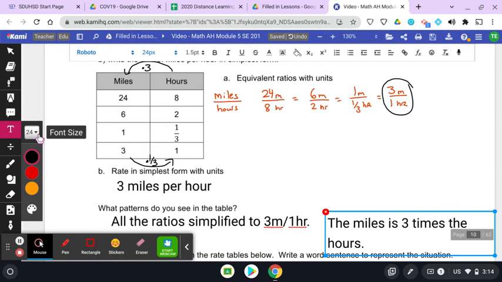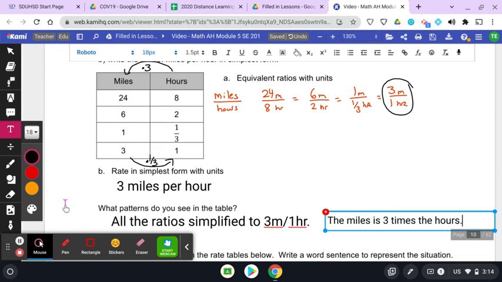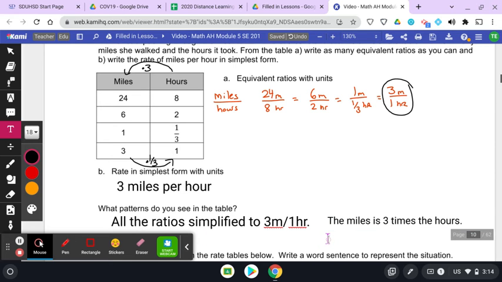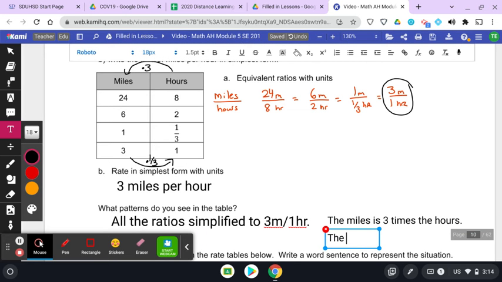Or we can say that hours is 1/3 of the miles. We can see it either way.